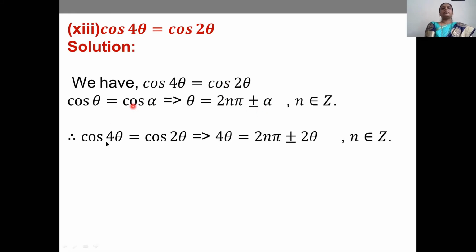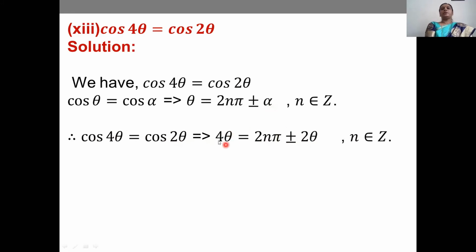Now, in cos 4 theta is equal to cos 2 theta, see here, theta is 4 theta, alpha is 2 theta. This equation implies that 4 theta is equal to 2n pi plus minus 2 theta, n belongs to Z. Here, theta will be replaced by 4 theta, alpha will be replaced by 2 theta.